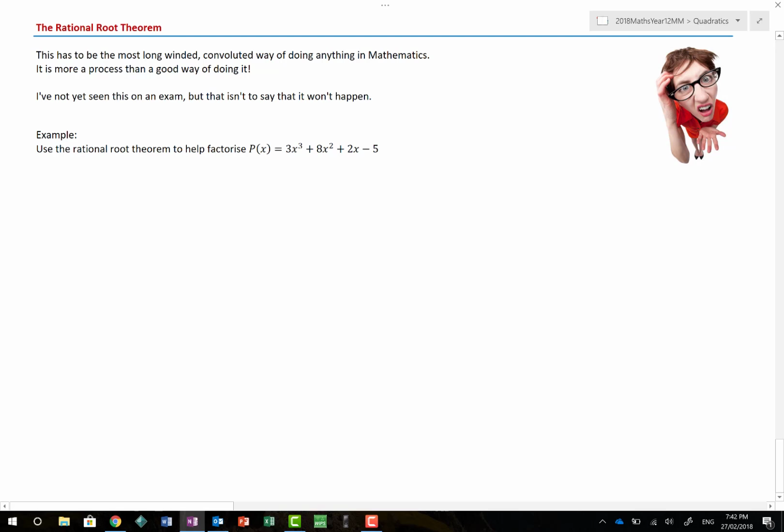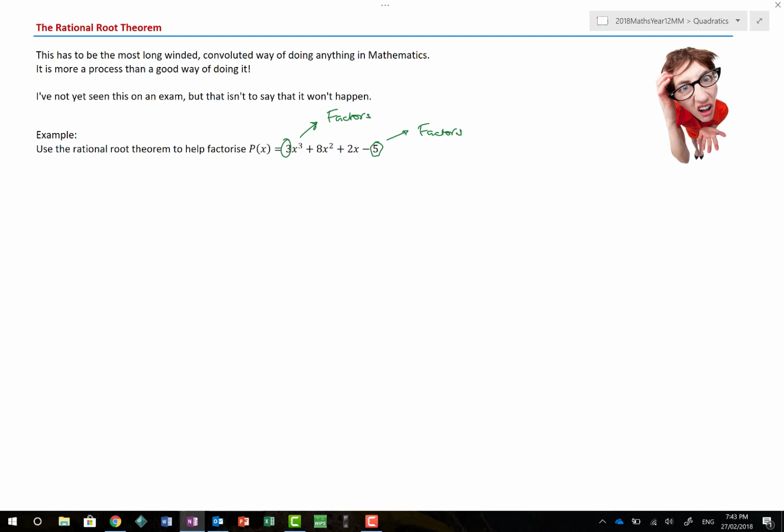Now, the rational root theorem states that an equation can have 0 roots, or the roots found by basically doing this, the factors of this, divided by the factors of this. And it suggests somewhere in this, and there's a lot of maths behind this, there will be a number of them that will give you a 0 root.